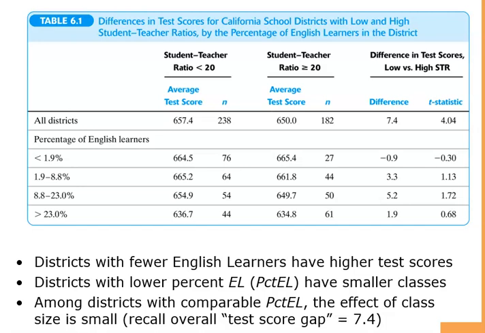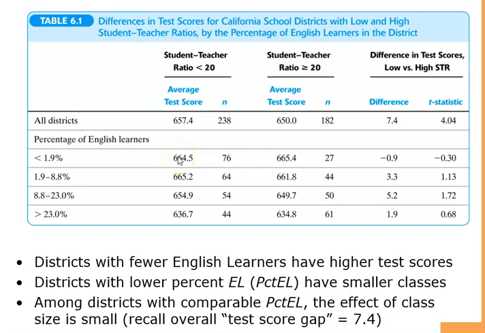So the first is that the percentage of English learners will have an impact on average test scores, and you can see this when you actually compare this row with the last row. So you can see on average that the average test scores for both low student-teacher ratio and high student-teacher ratio is actually lower than for the districts with low percentage of English learners. So first condition is actually met.